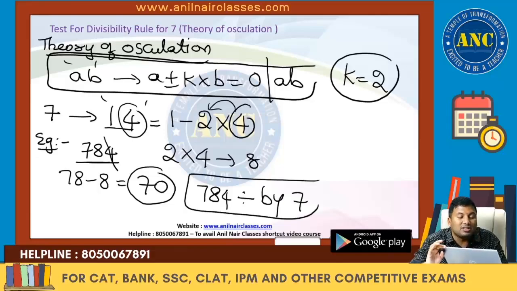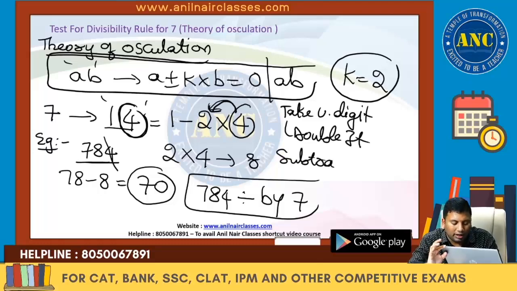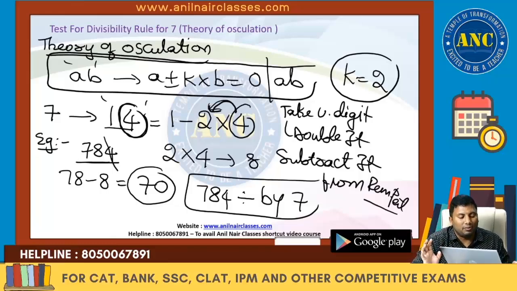So what is the divisibility rule for 7? Take the unit digit, double it, and subtract it from the remaining part. You don't need to write it like this. Understand the value of k, everything else will follow. I will take a few more examples so that it will be clear.